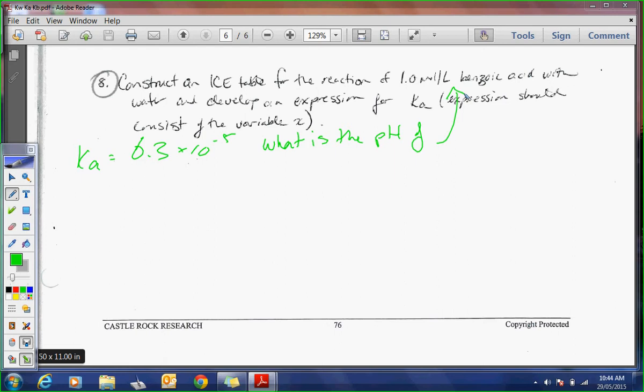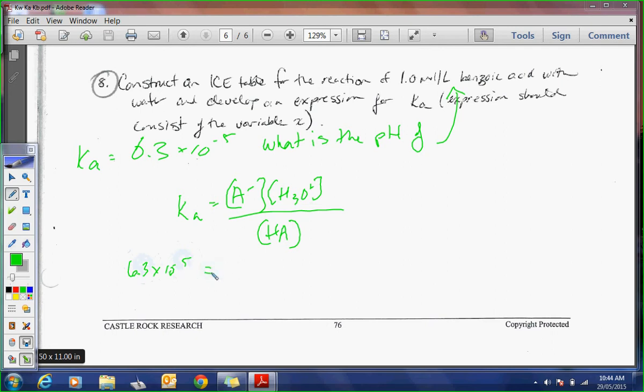Okay, so same question, only now they've said, not develop an expression, but rather look up the Ka value and tell me the pH. So you're freaking out, and I'm going, no, just go like this. Ka equals A minus H3O plus divided by HA. That's the expression. Ka is 6.3 times 10 to the power of negative 5.